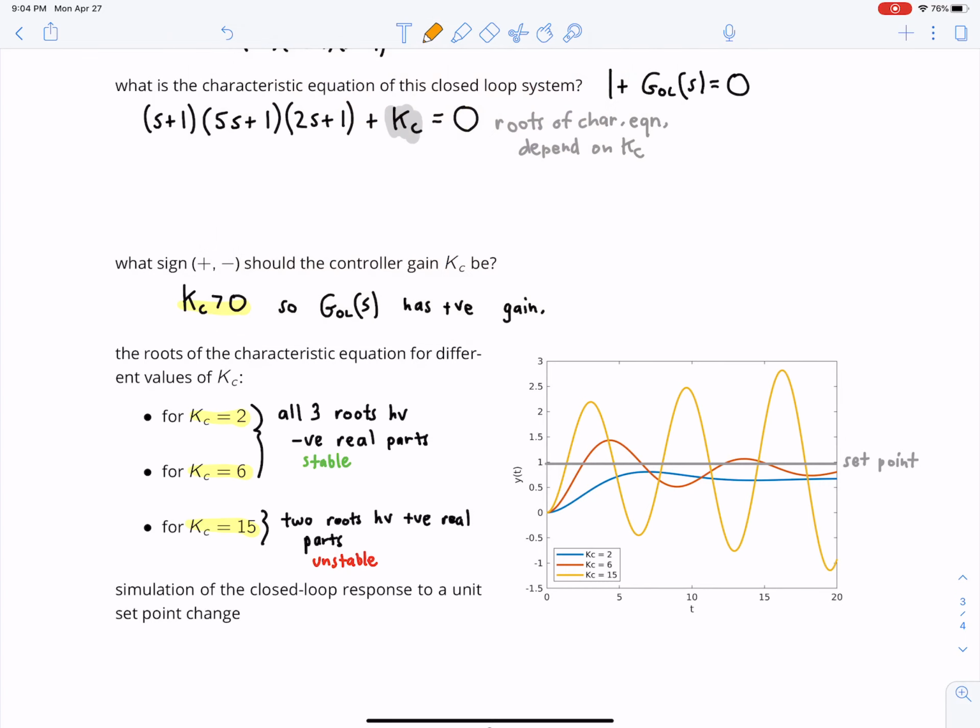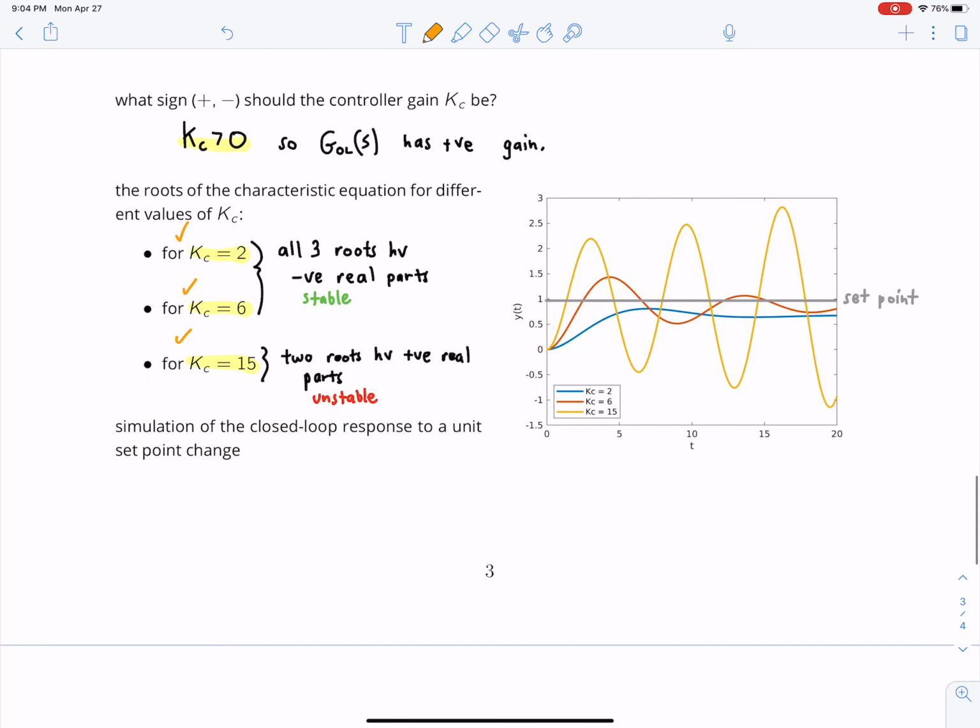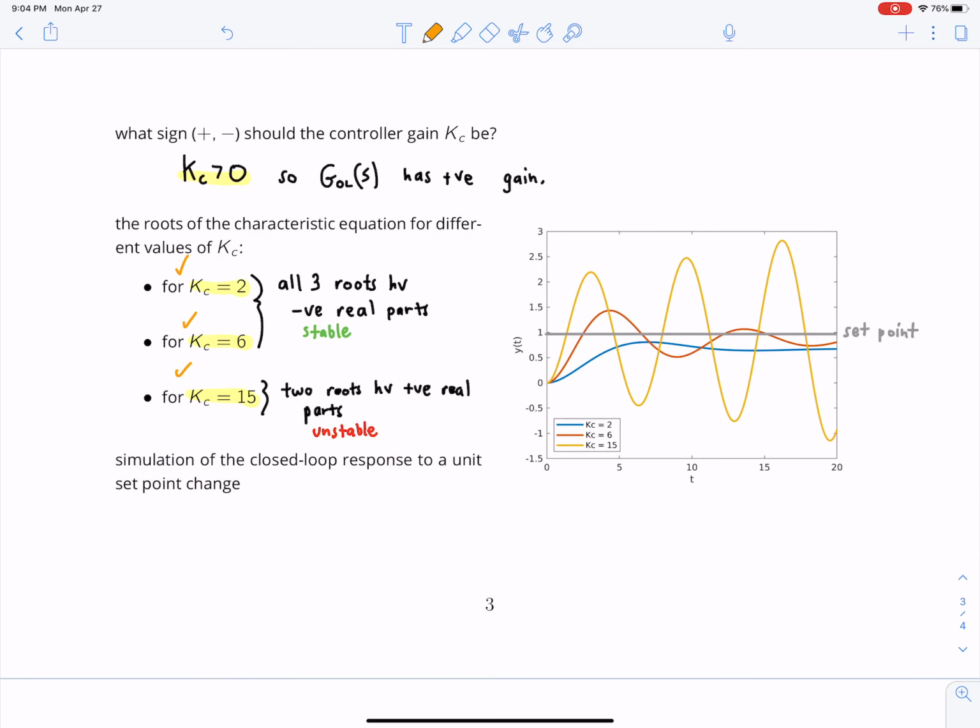These are the correct sign. And you can choose it to be the correct sign, but if it's too aggressive, then we can have instability. So the controller set at Kc equals 15 is too aggressive, and results in instability.